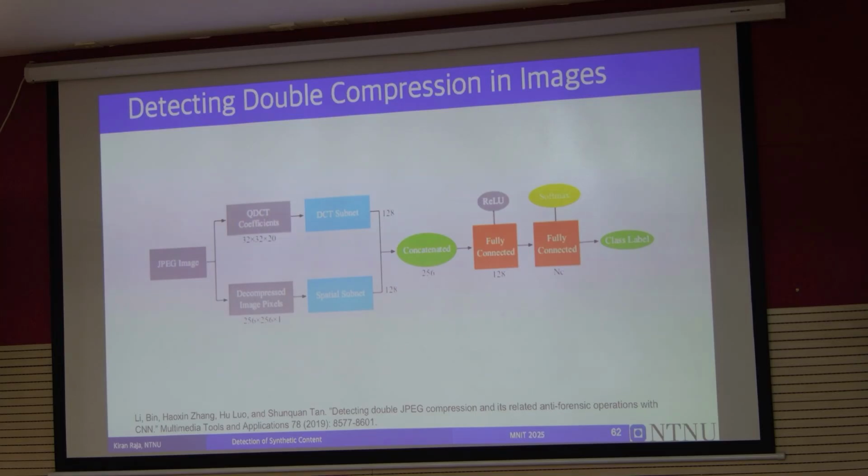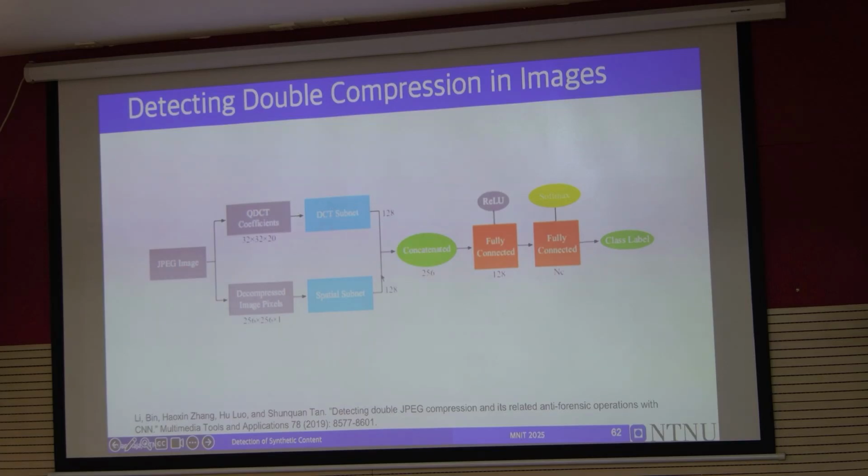And once they are subselecting the DCT components, you could say that, in addition to that, I also look at the image information. So what is essentially happening here? They're combining the spatial information with the frequency information. Sorry, the bottom part is the spatial information here, and the top part is the frequency information.